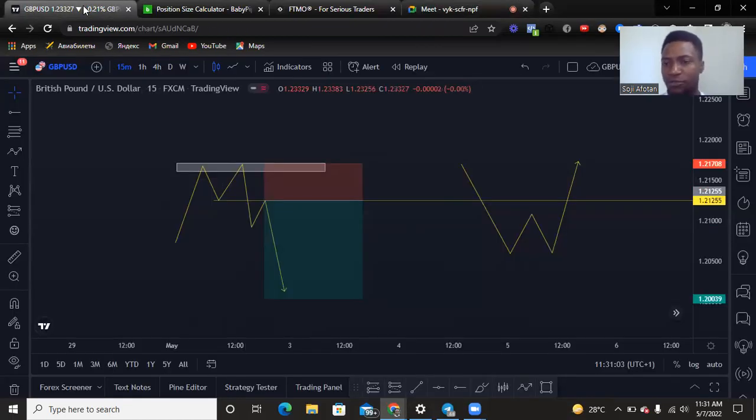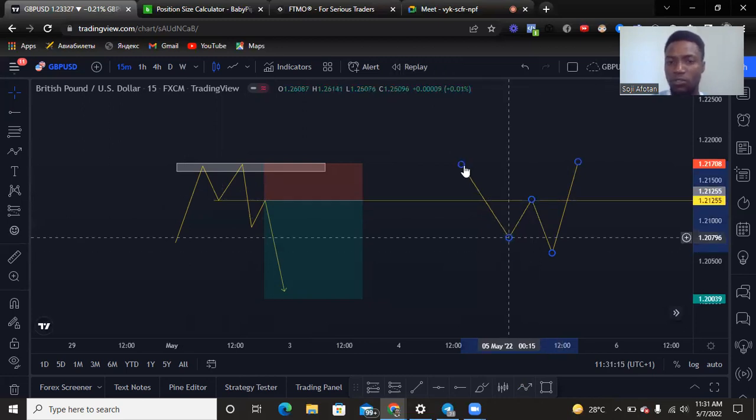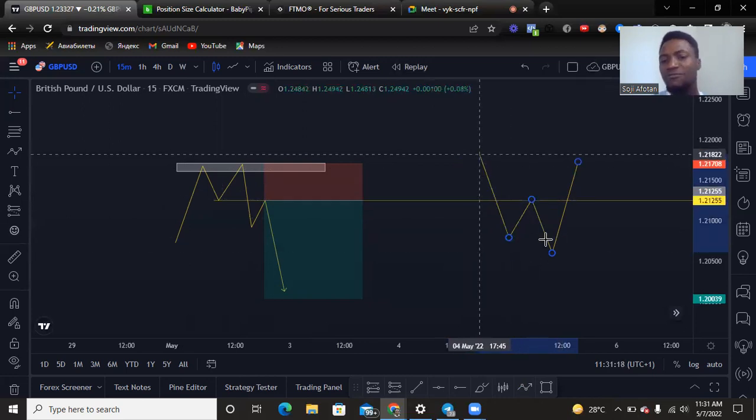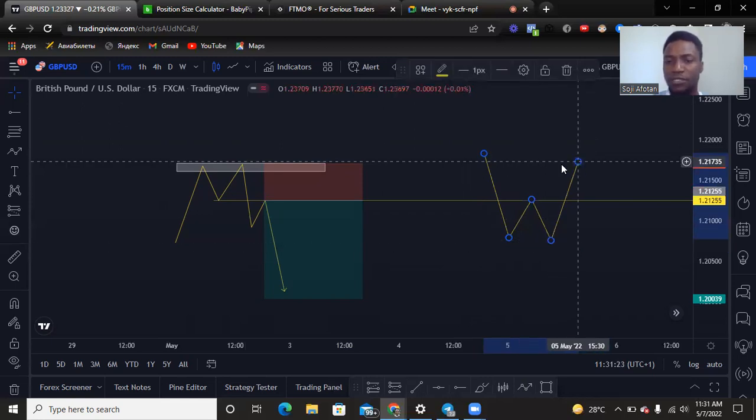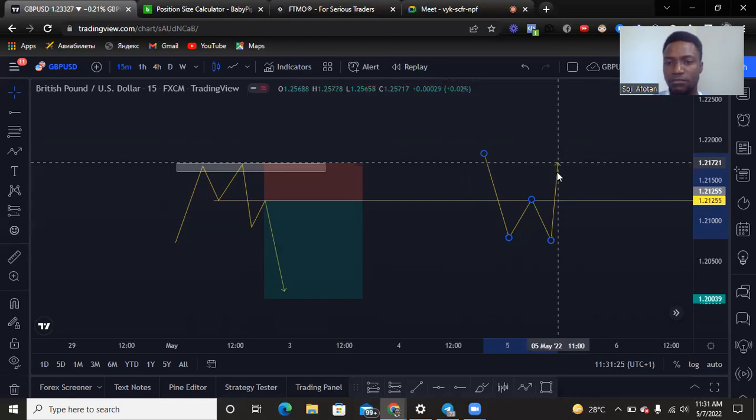You need to grab this. Now, it's not every time it will go back for a retest. It's also the same thing with double bottom. It's not every time that you're going to have a retest like this.